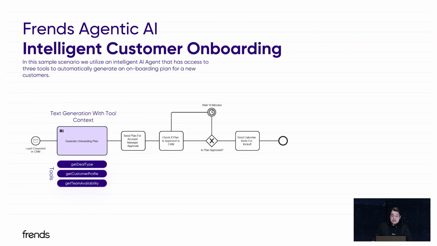It of course means that you still might have scenarios where you have AI agents which are autonomous and you have follow-up actions, such as, for example, in this case, where we might have a software as a service company that gets a lead converted in their CRM system or on their website.